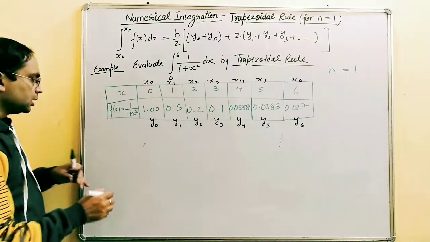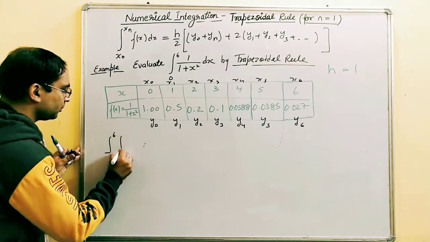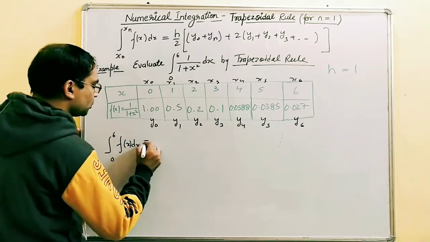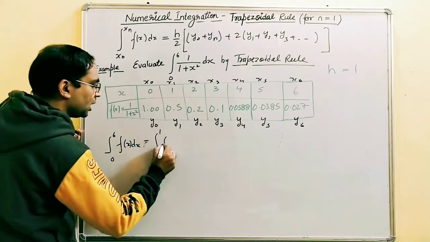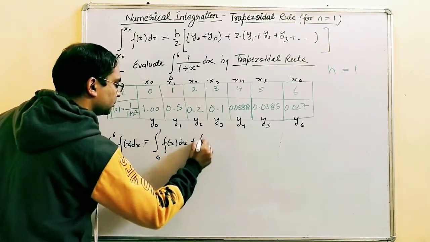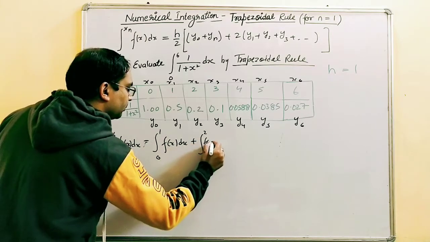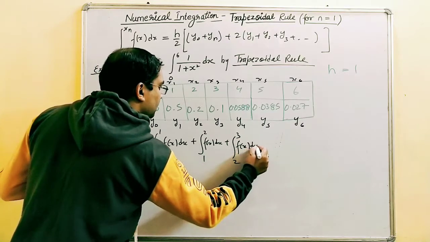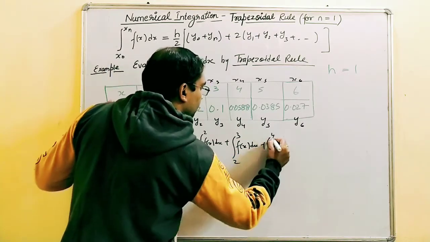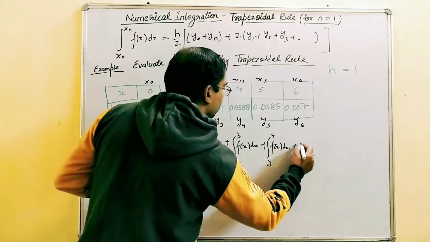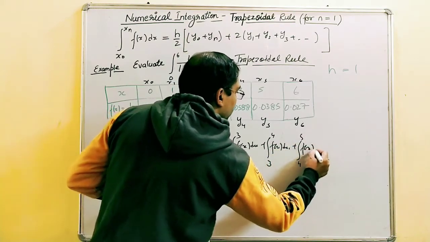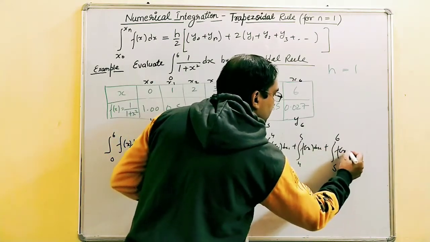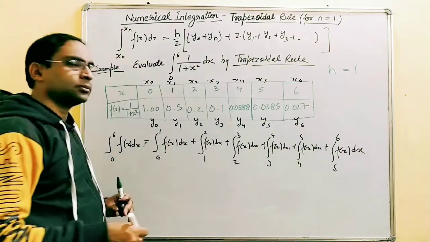So now this integral from 0 to 6 f x dx can be subdivided into smaller subintervals: 0 to 1 f x dx plus 1 to 2 f x dx plus 2 to 3 f x dx plus 3 to 4 f x dx plus 4 to 5 f x dx, and the last one will be 5 to 6 f x dx.